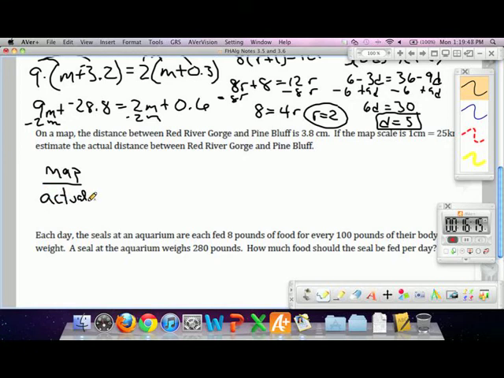And that should be equal to 3.8 centimeters that I measured. And how far is it between those two? Do you know? No. So if you don't know, what can we do? You could put an X in there. And then if you solve this proportion, you could come up with X, or the distance between Red River Gorge and Pine Bluff.